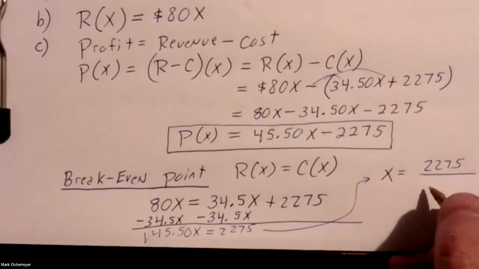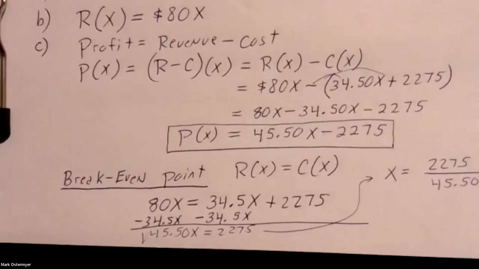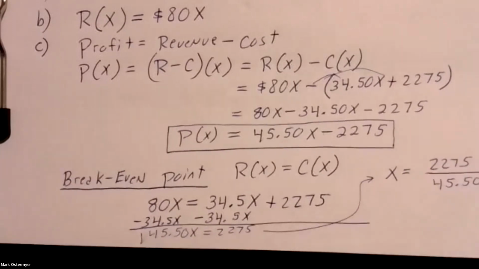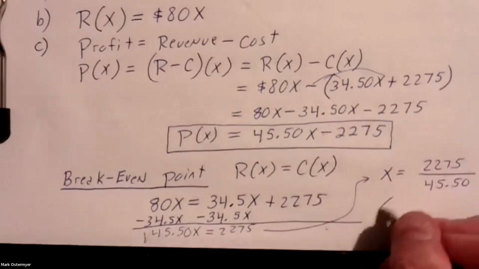By 4550? So what is 2275 divided by 4550? Is that right? X is equal to 50.